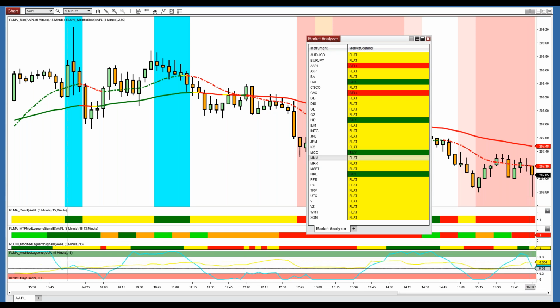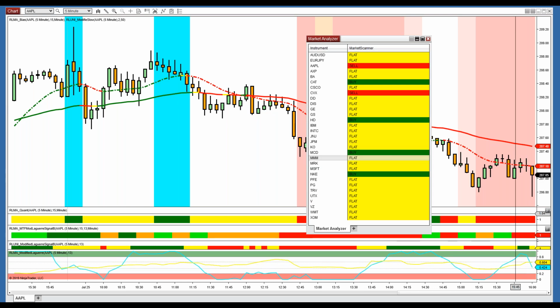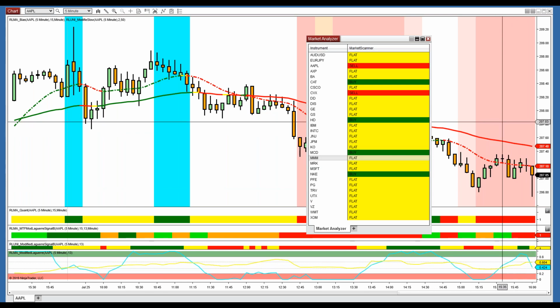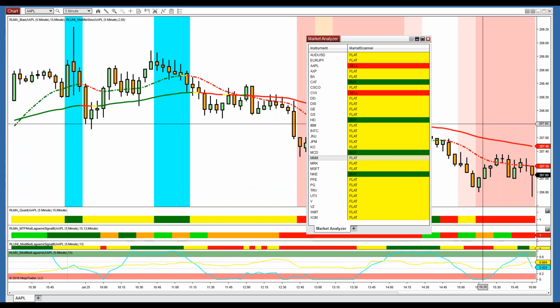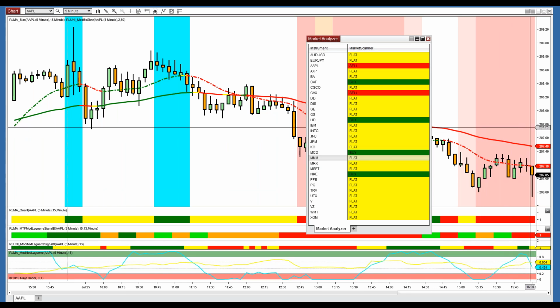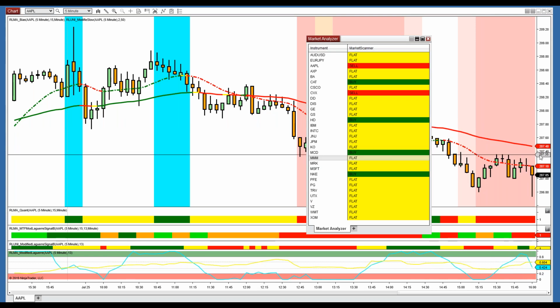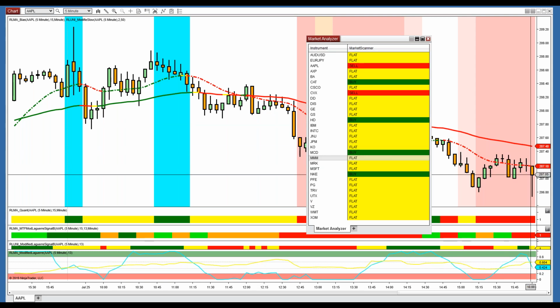Background bias aligned to the red is pink. Multi-time frame alignment of Apple to the downside. And if this opportunity had a chance to play out, Apple may really have had an opportunity to take a dive. And you've got a nice sell on Apple. It's in a great position to take a short trade.